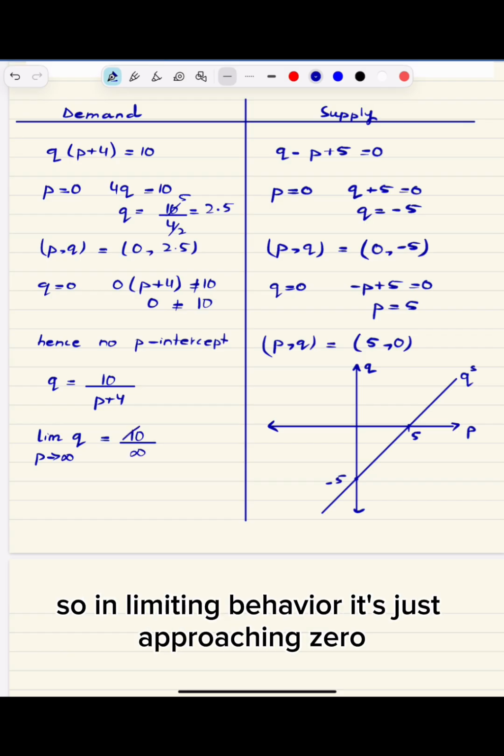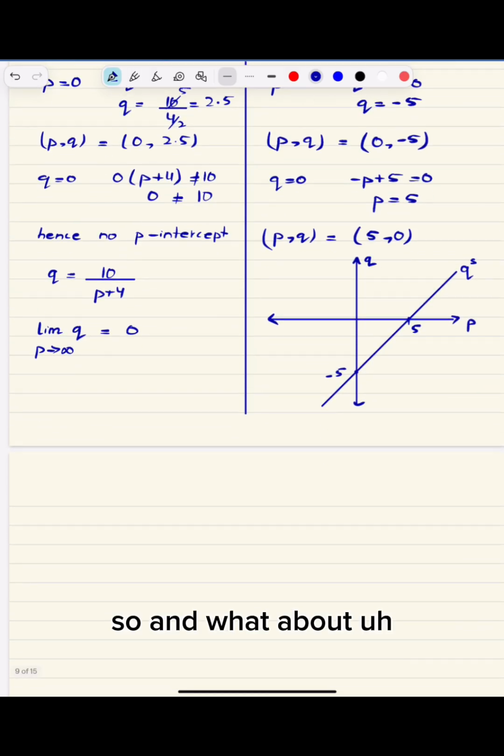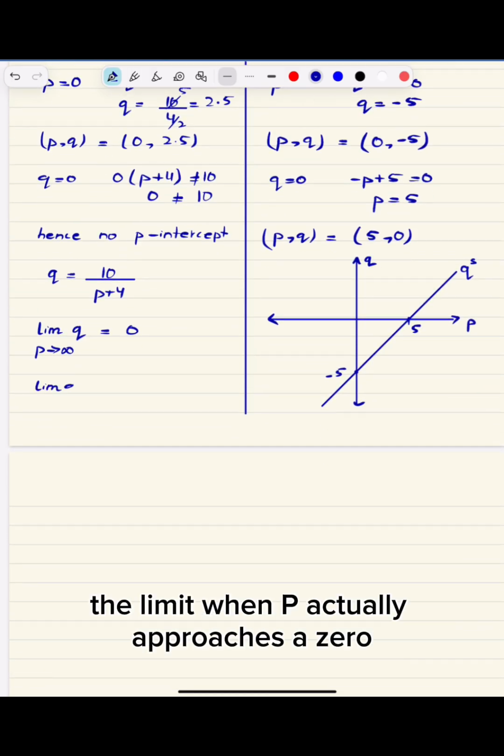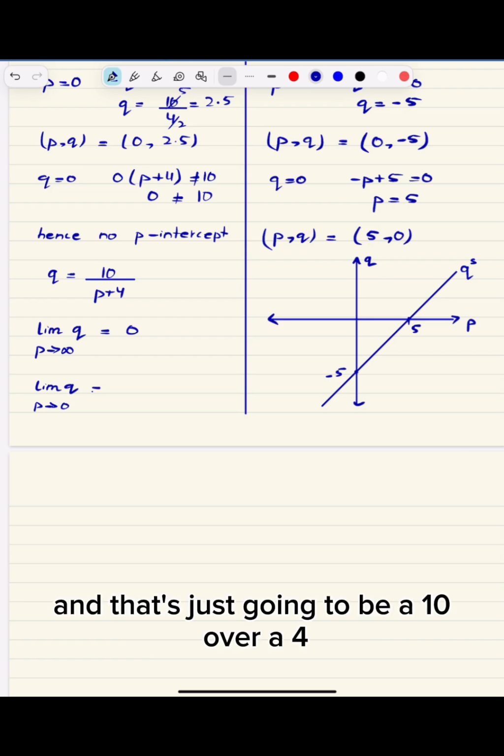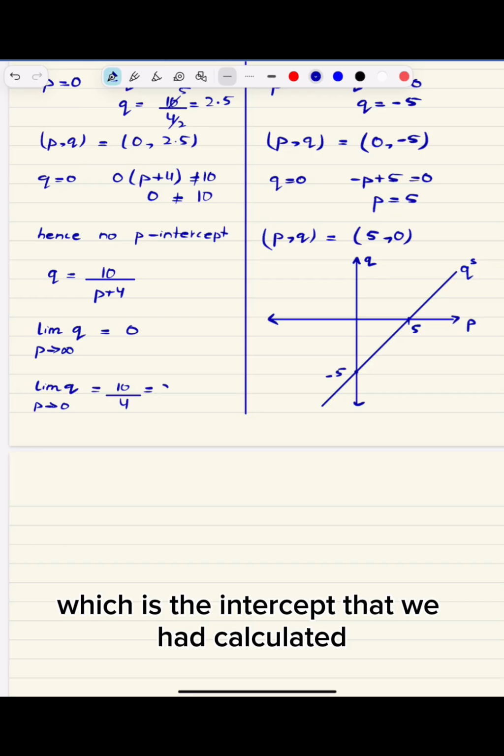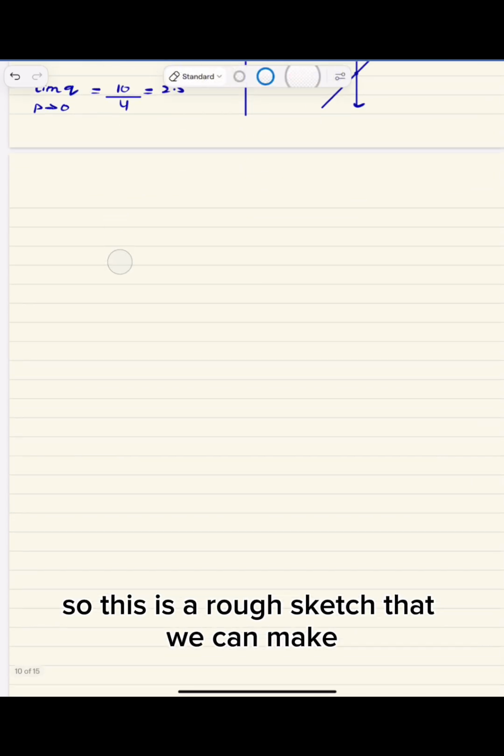So in limiting behavior, it's just approaching 0. And what about the limit when p approaches 0? That's just going to be 10 over 4, which is the intercept that we had calculated. So this is a rough sketch that we can make.